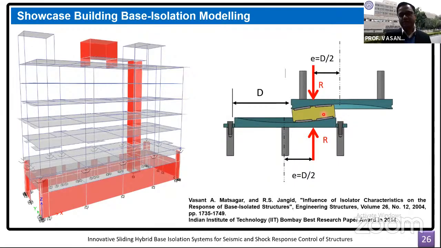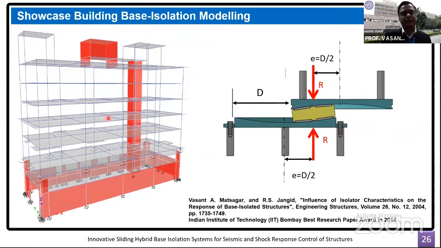There we discussed what happens if we have the equivalent linearization and what its effects are on the response of the structure. I was mentioning the reduction in the torsional coupling in the structure. As you can see here, the two reactions are matching in the vertical direction, aligning with each other. This is the reason why the torsional coupling in the structure with a sliding isolation system is lesser.